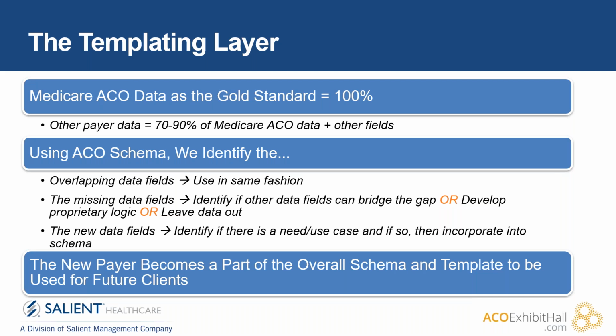In this step, we may identify if the other data fields can bridge that gap, or if that requires developing proprietary logic to accomplish that goal. Finally, we add in those new data fields. The new payer becomes part of the overall schema, and that template can now be used for future clients. The template layer provides a systematic method of displaying the data in an apples-to-apples fashion.